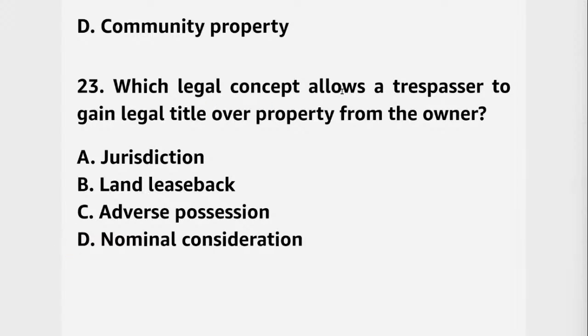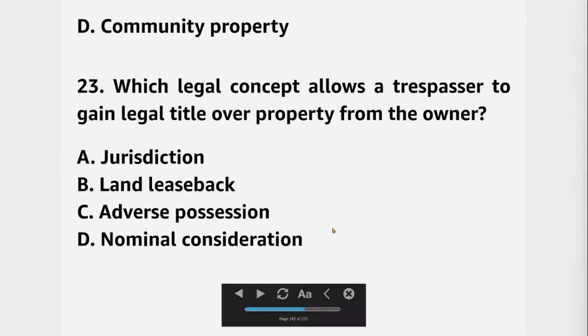Which legal concept allows a trespasser to gain legal title over a property from the owner? Hey, y'all moving right along on this one. Awesome. Yes, it is C, adverse possession. Awesome.